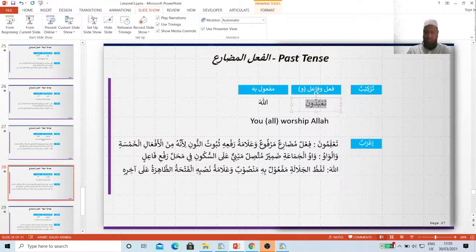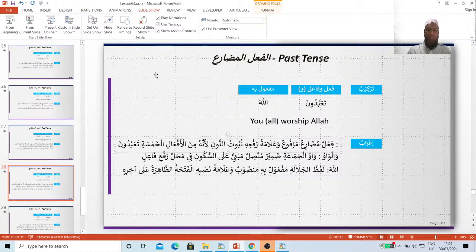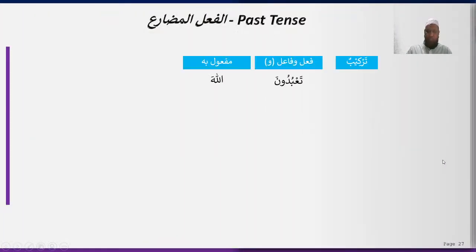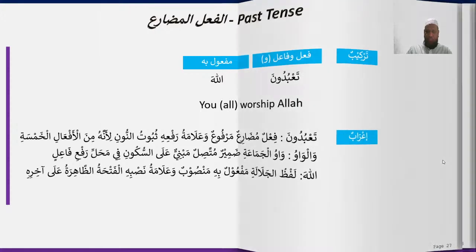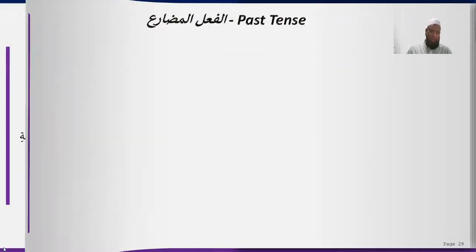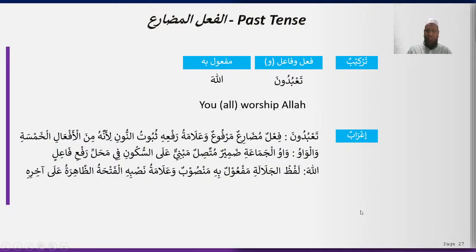Copy and paste. Go back. So now it's correct. We have ta'buduna, we have waw al-jama'a, then we have لفظ الجلالة الله.